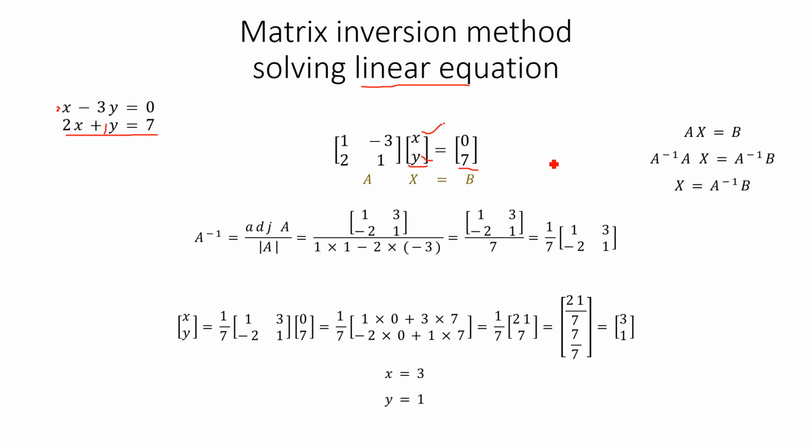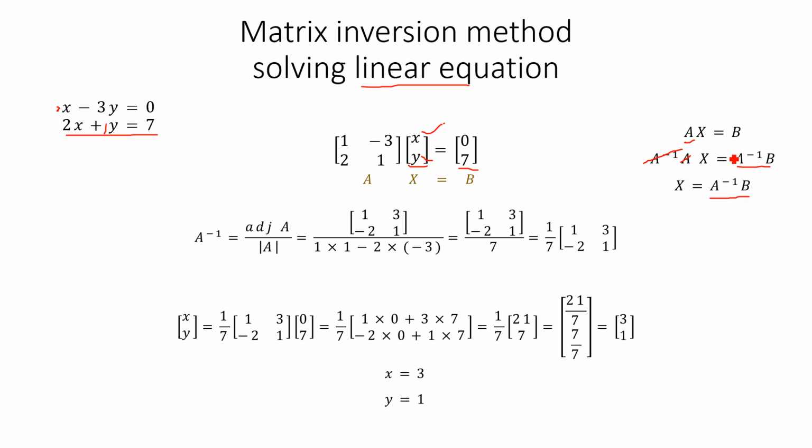Now if we have AX is equal to B, and we take the inverse of A and multiply that inverse on both sides of the equation, this A inverse will cancel out with this matrix A, and we will have X is equal to A inverse B. This way we can solve these matrices and find the values of x and y. So we have matrix X is equal to A inverse B.